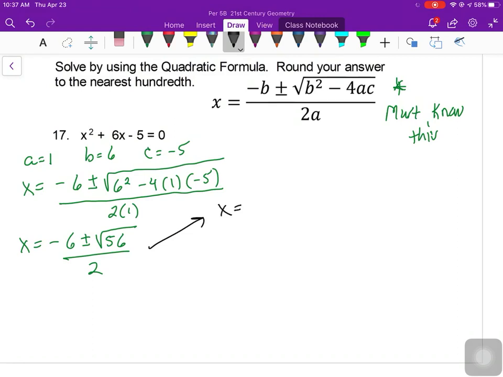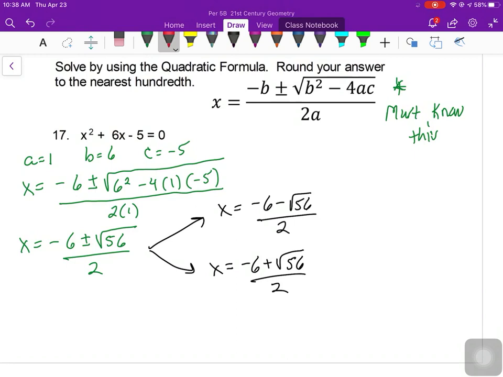Again, two possibilities. One is when we use the minus, -6 minus the square root of 56, all of that over 2. The other is when we use the plus, -6 plus the square root of 56, all over 2. Yet again, we are rounding to the nearest hundredth.